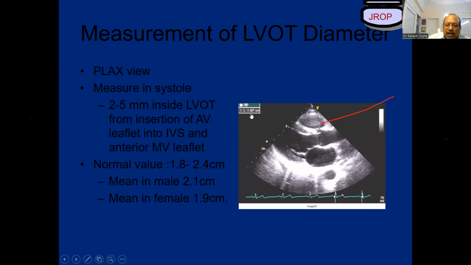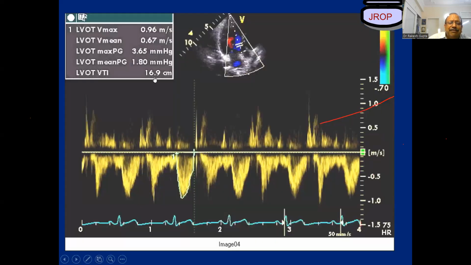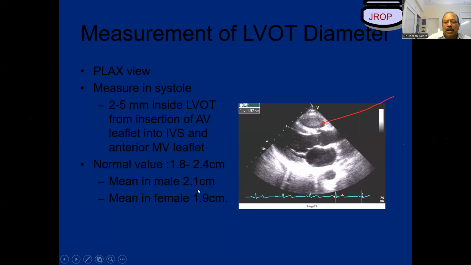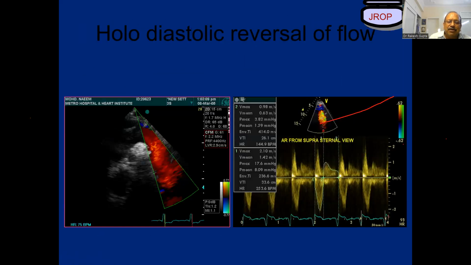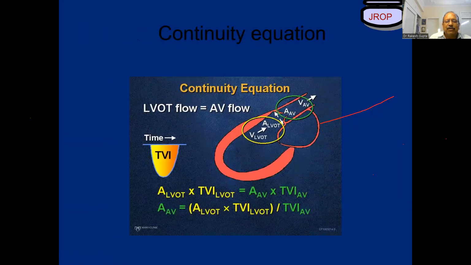Whatever the value is, square it, multiply by 3.14, and that gives you the LVOT area, pi r square. Then multiply that value with the LVOT VTI. It will give you the LVOT stroke volume. Clear? So this is how we use LVOT VTI and LVOT area to get the stroke volume. And if you divide by the aortic valve VTI, we get the aortic valve area.